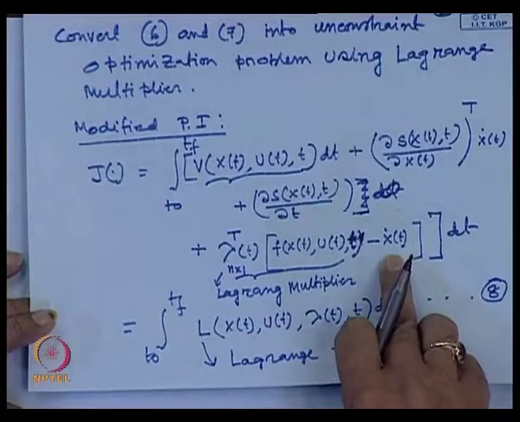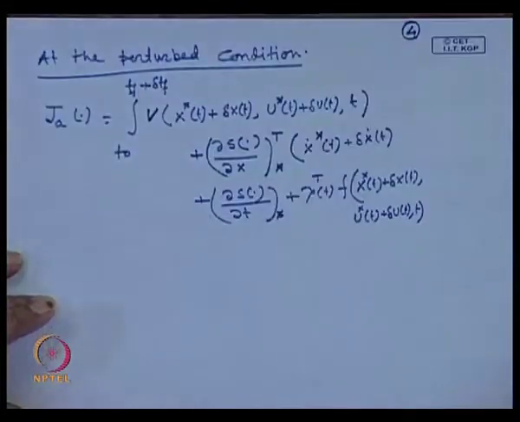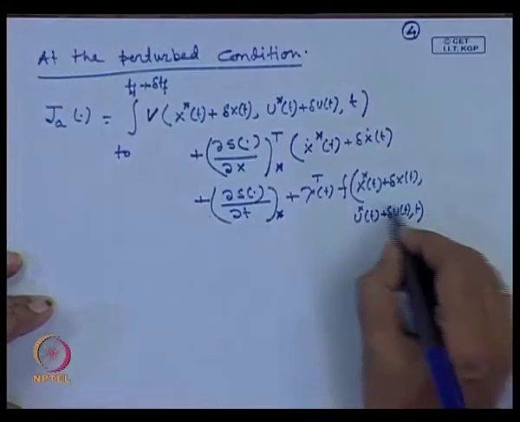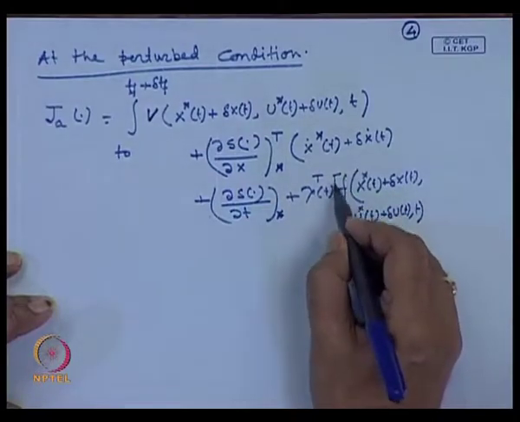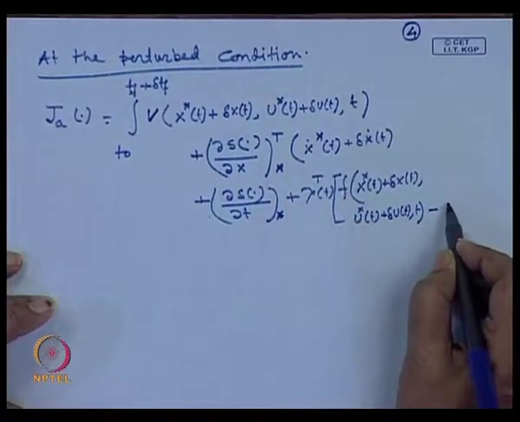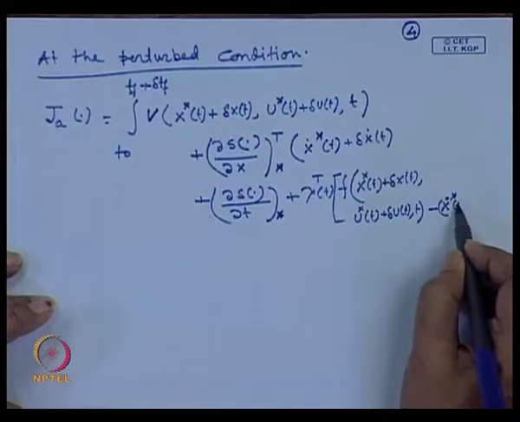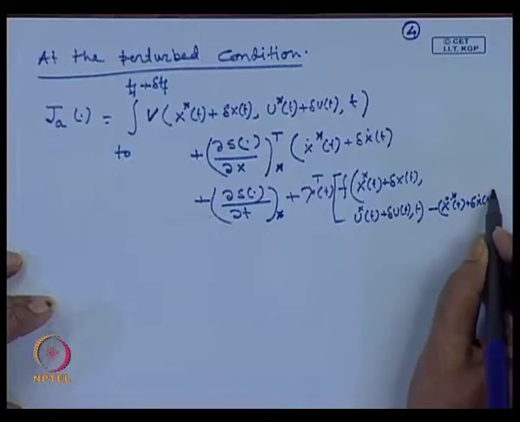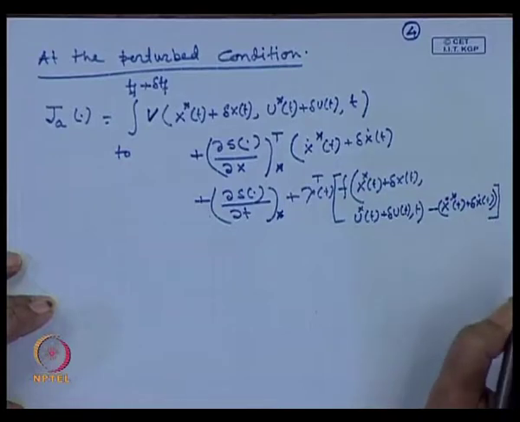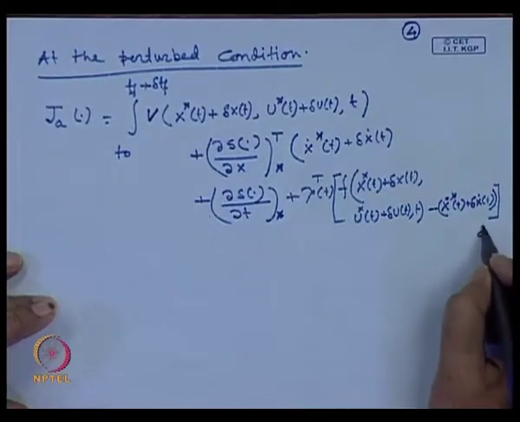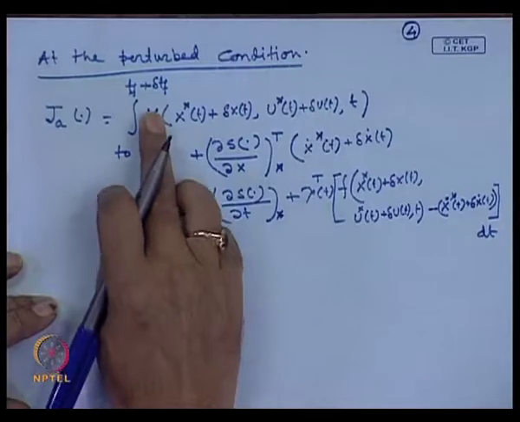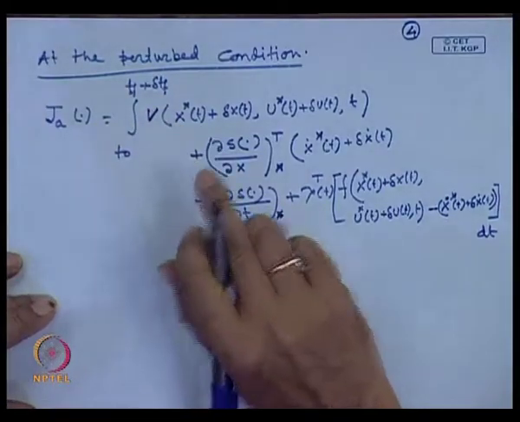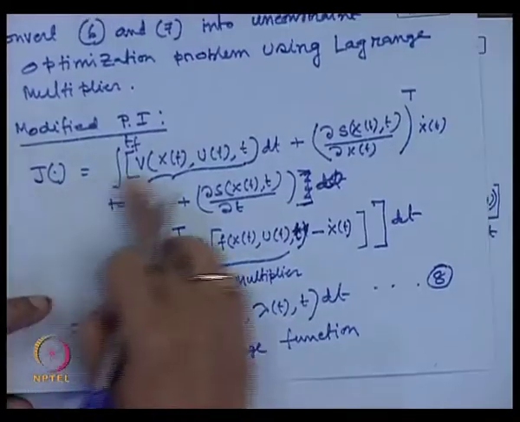Agree? Minus x dot, where x dot star of t plus delta x dot of t, with integration dt. So, what I did is this: suppose J is the functional value.